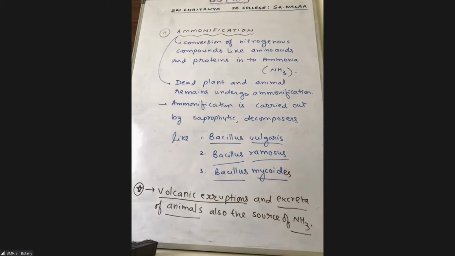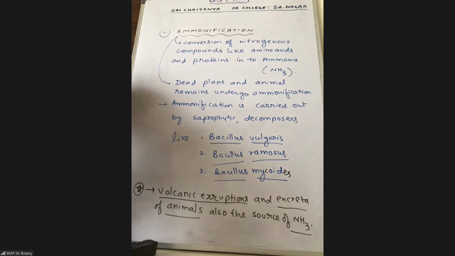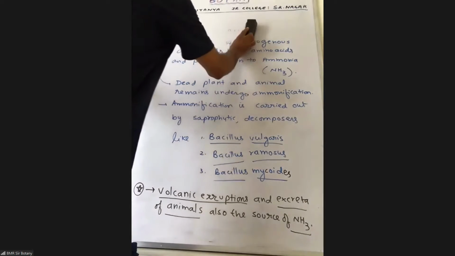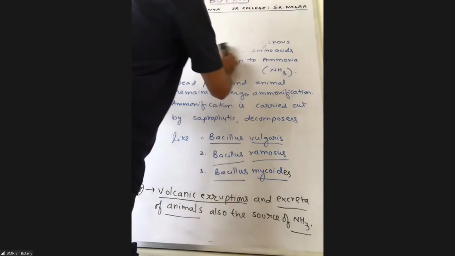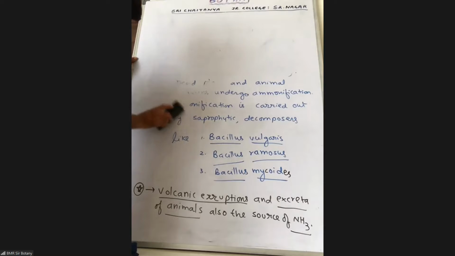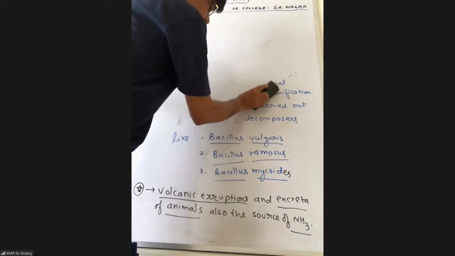Done, sir. Very good. Next should be... wait a minute. Subheading 3, nitrification. Tell me, Nana, what was nitrification? As per the cycle we have drawn, conversion of ammonia into nitrate is nitrification.